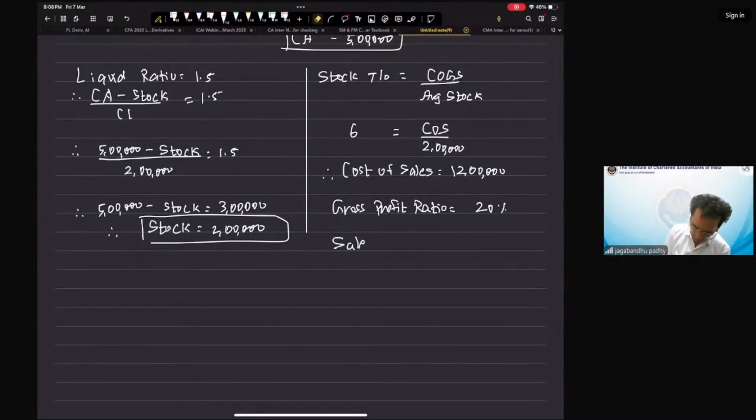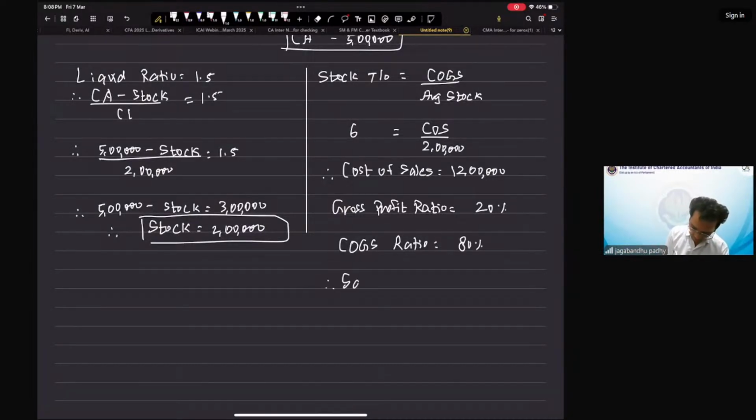Since your gross profit ratio is 20%, can you tell me what will be the COGS ratio? If the gross profit ratio is 20%, what will be the COGS ratio? COGS will be 80%, right?